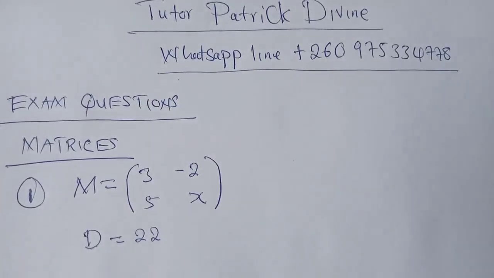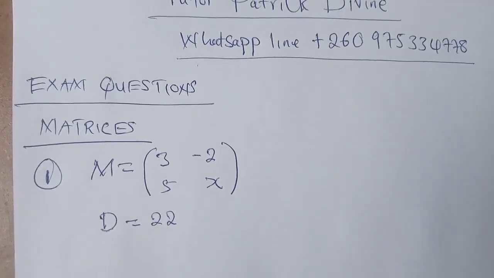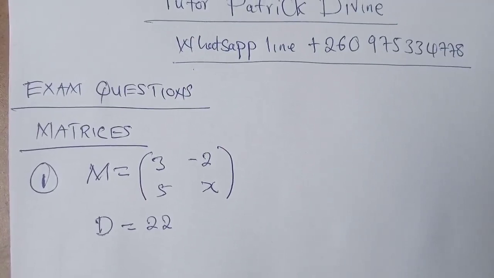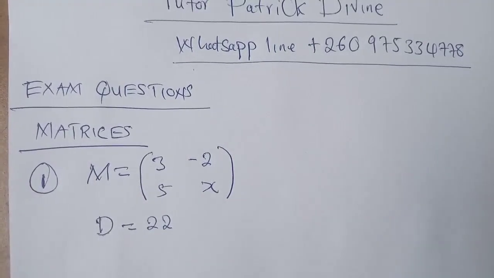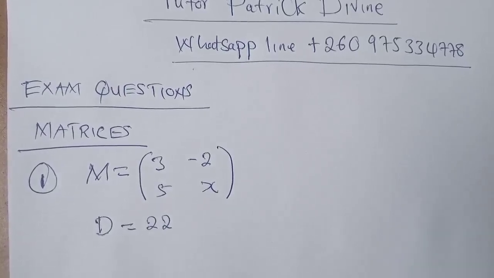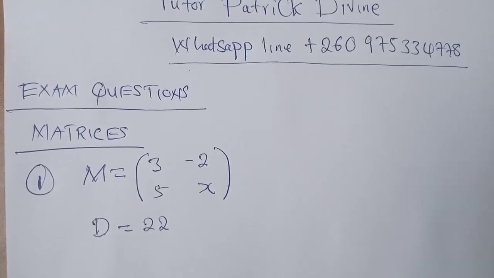So how do we find the value of X? You need to know the formula for the determinant. In the previous video we did this, and we know how to find it. If you didn't watch those previous 2 videos or lessons, make sure that you go back so that we should be moving together, so that you are not left behind.